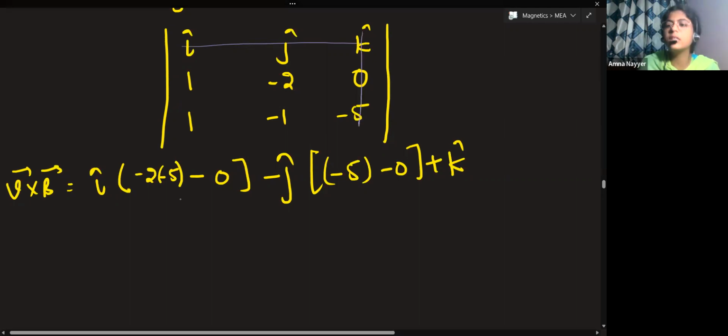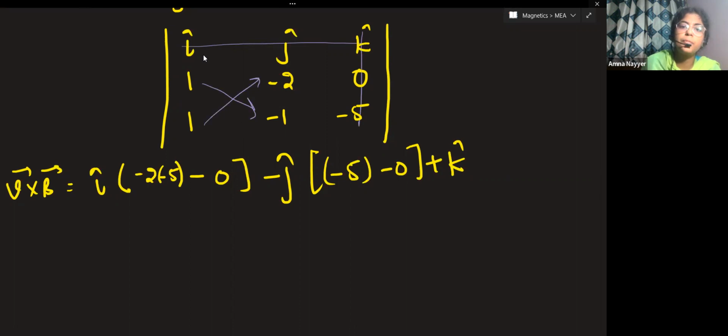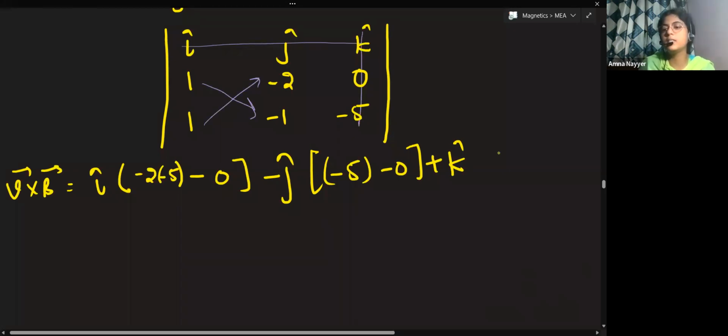Now K cap, cross the row of K cap. What you have to do? First this, then this, with a negative sign in between. So firstly, this is 1 into minus 1, that is minus 1, minus minus 2 into 1, that is minus 2.